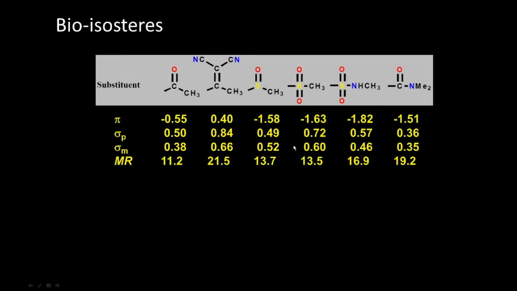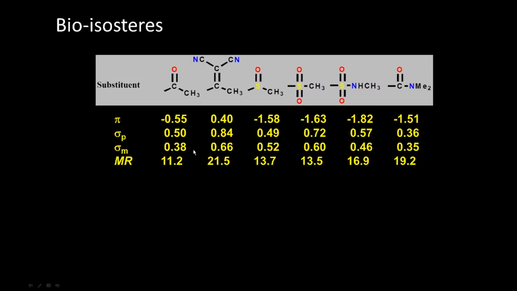You can also replace with bioisosteres. Okay, we talked about bioisosteres long time back. So look at these groups of molecules. It's got a pi that is related to hydrophobic hydrophilic balance, so it's negative here because we have O here, that's why. We have a lot of carbons, that's why it's positive.